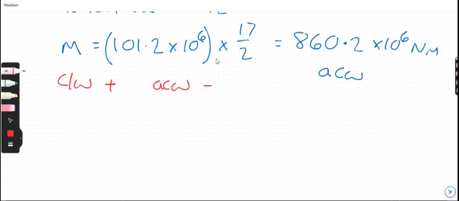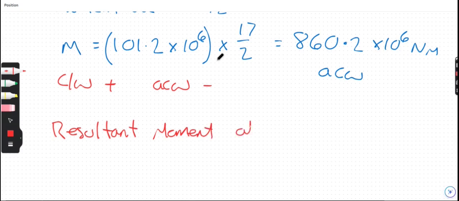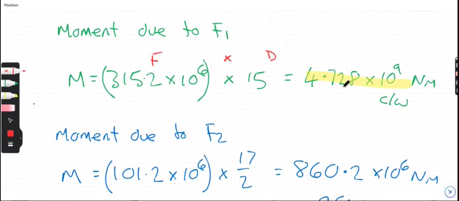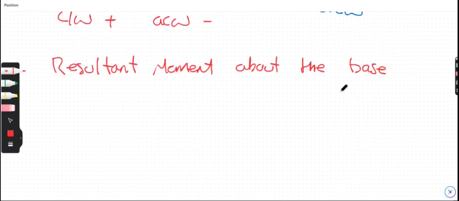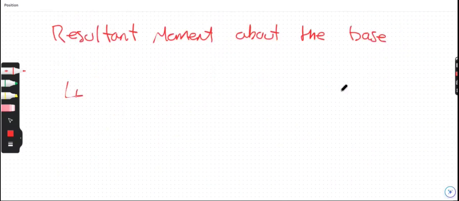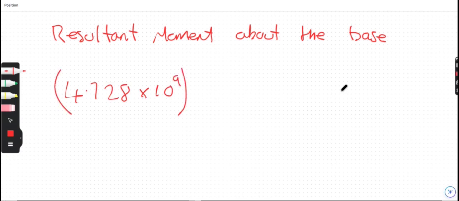So to find the resultant moment about the base, all I'm going to do is take the small one from the big one. Luckily, this is the big one, so I'm going to do 4.728 times 10 to the 9, because that's going clockwise, so it's quite big.